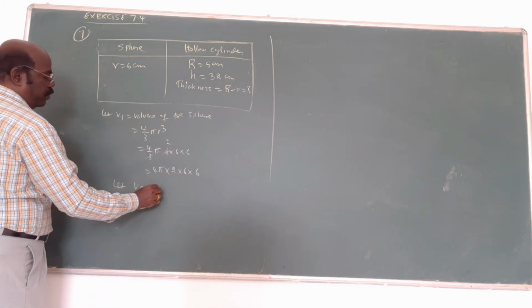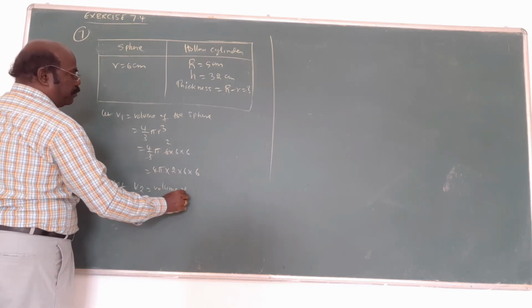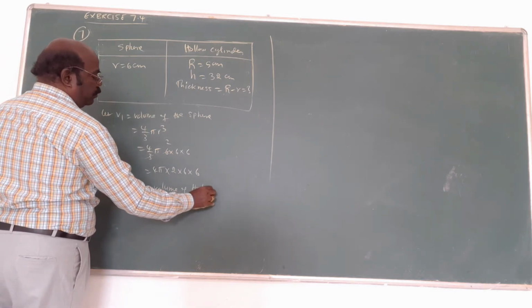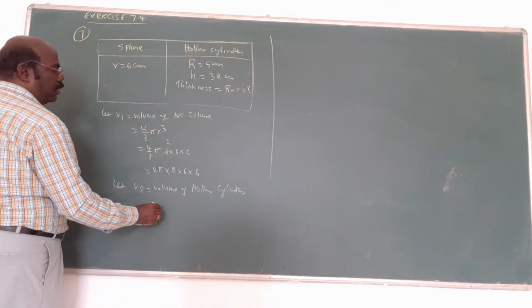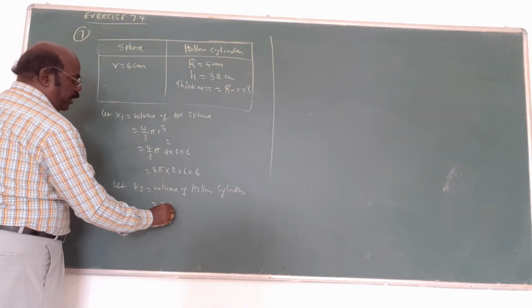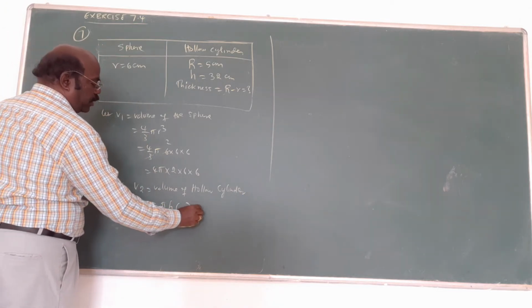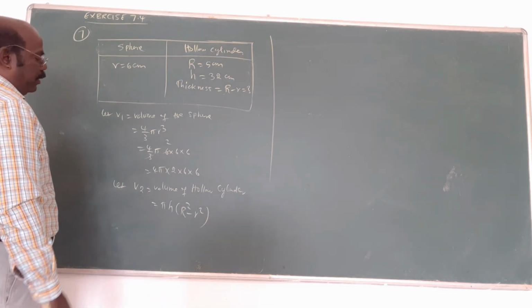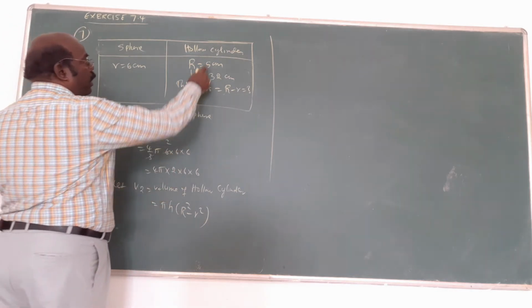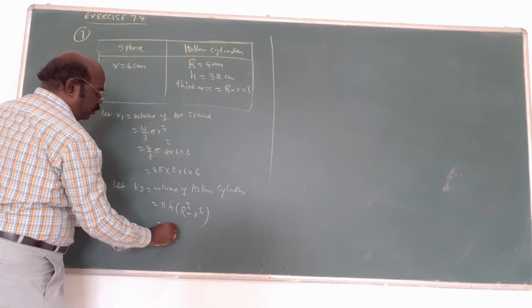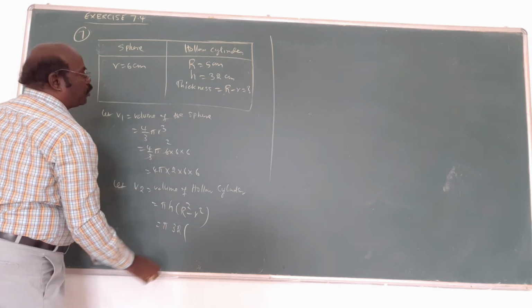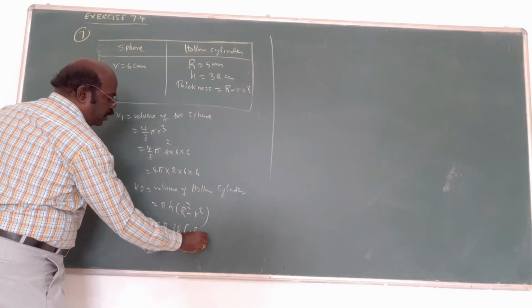V2 equal to volume of hollow cylinder. What is the formula? Hollow cylinder formula? Pi h into (R square minus r square) is the formula. Am I right? Pi h is exactly the cylinder formula. Pi into h, and capital R square minus r square.